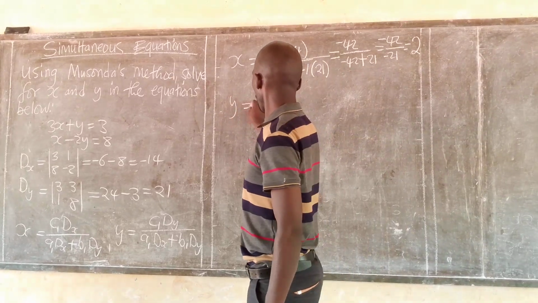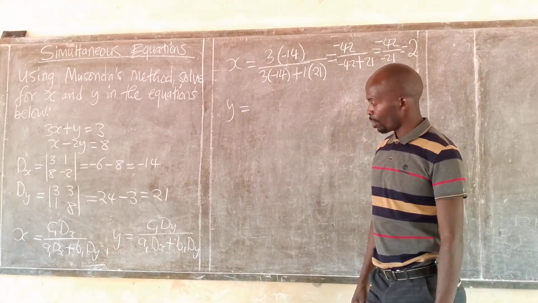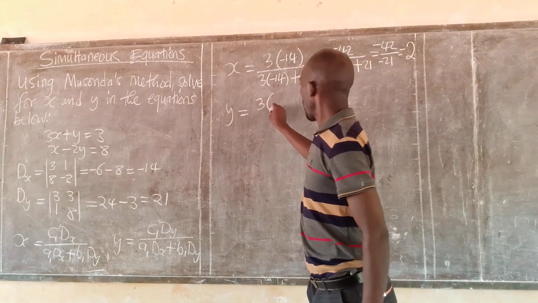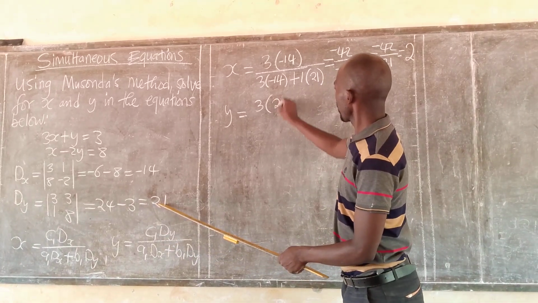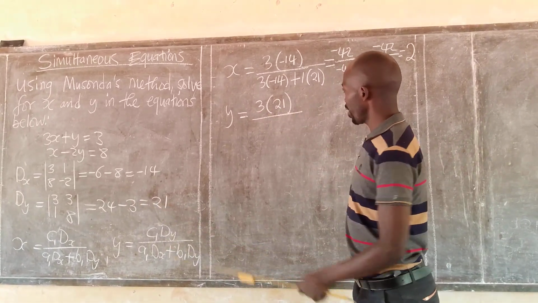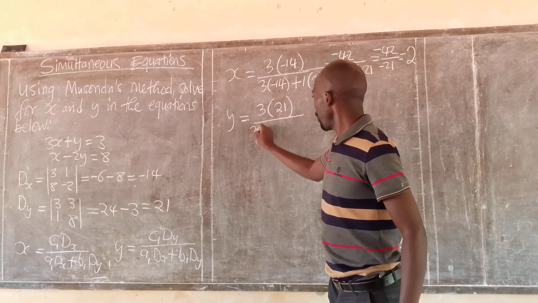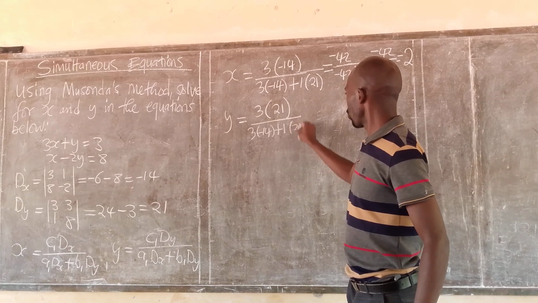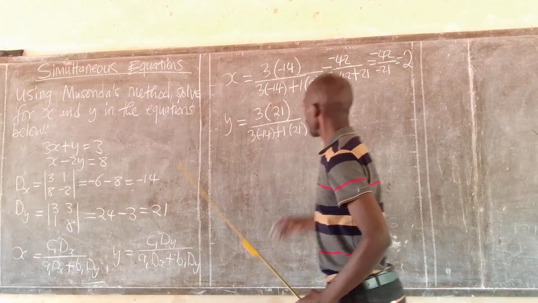We go to y. We substitute once again, our C1 is simply 3, and the determinant of y is 21. I divide by what I have here, 3 times negative 14 plus 1 times 21, because you can see the denominator is the same.